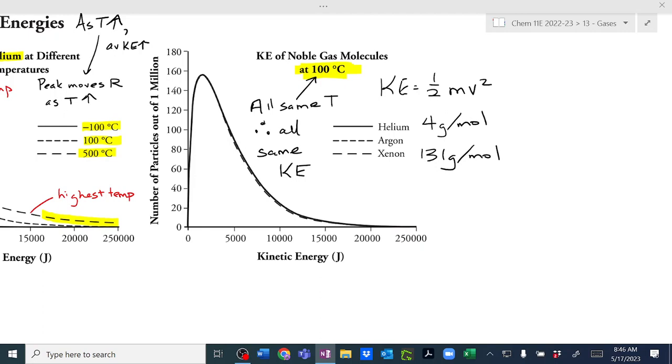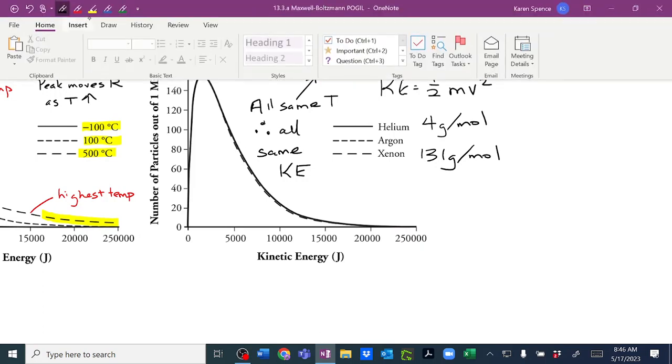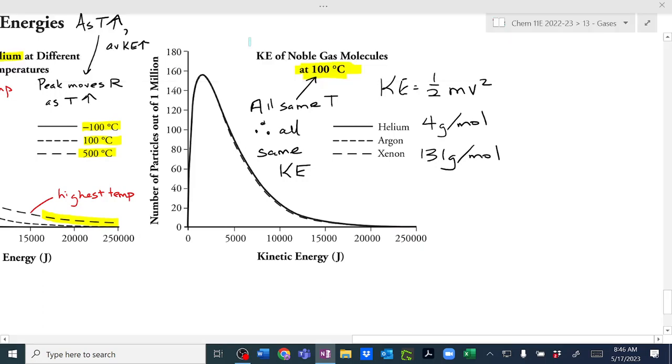However, what could you say about the velocity of these various things if their kinetic energy is remaining the same? Let's just compare helium and xenon. What could you say about their velocity?